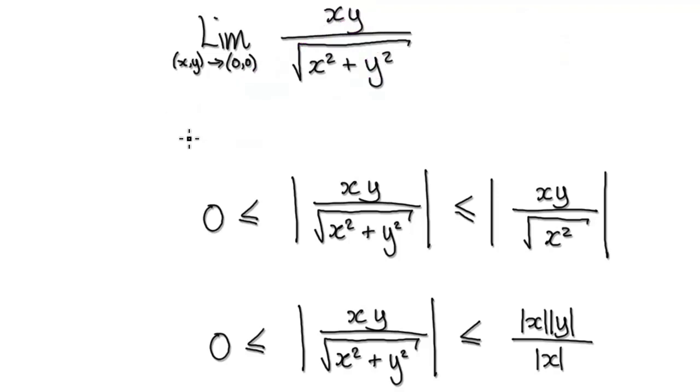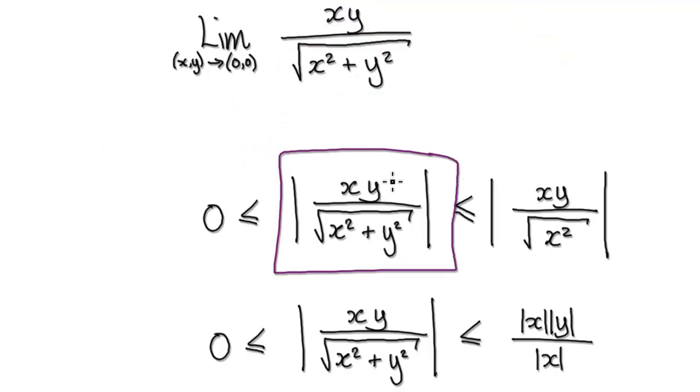So if a surface is heading towards 0, then consider looking at its absolute value. Because if a surface is heading towards 0, then the magnitude of the surface to the origin will head towards 0.